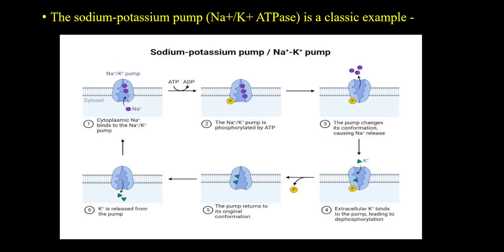Here you can see this is a pump. We can say it is in its E1 state, in which it is open toward the cytosolic side and closed toward the extracellular space.